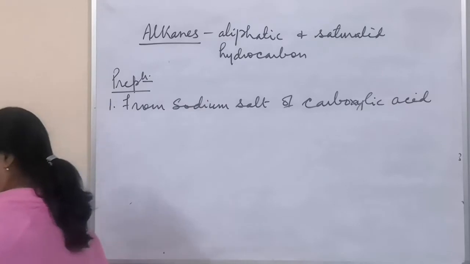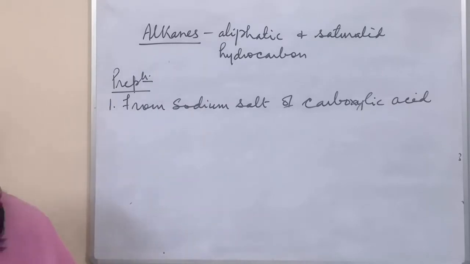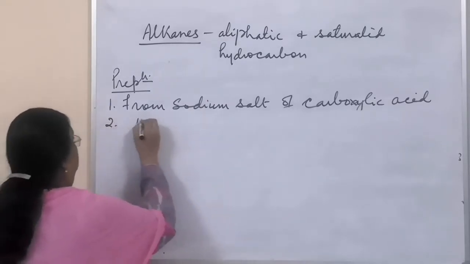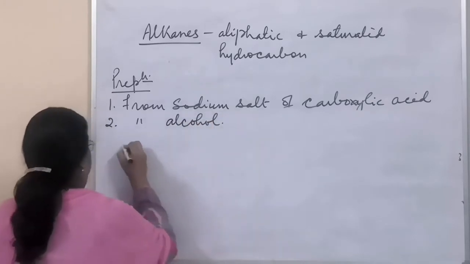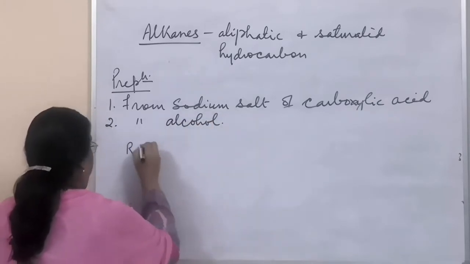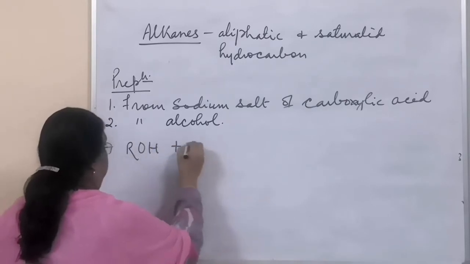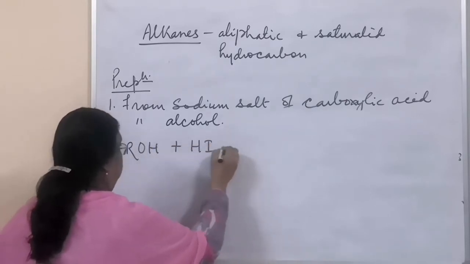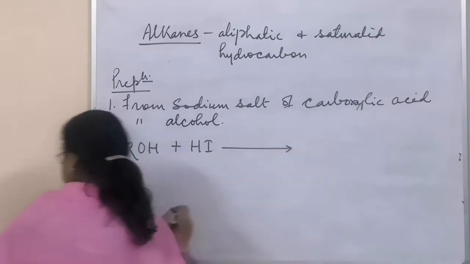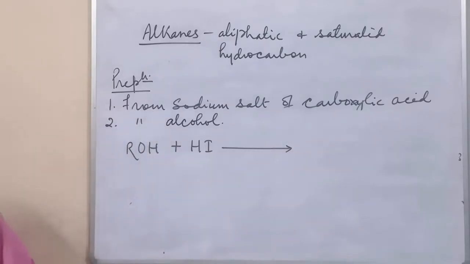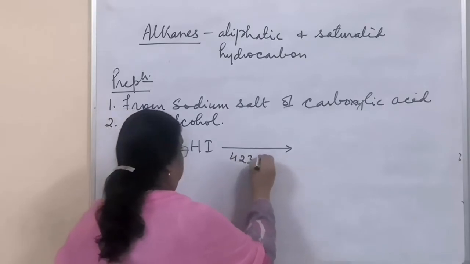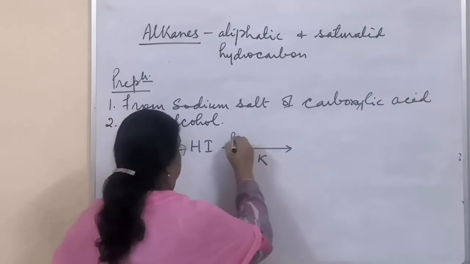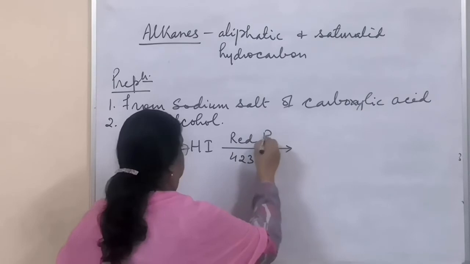Now the next method of preparation is from alcohol. Alcohol combines with hydroiodic acid in the presence of red phosphorus at 423 K. The temperature is important to remember.